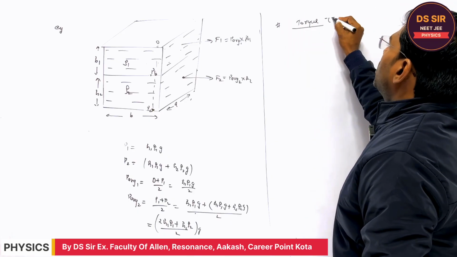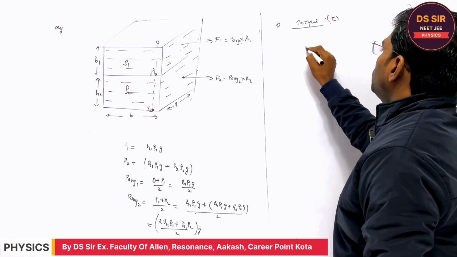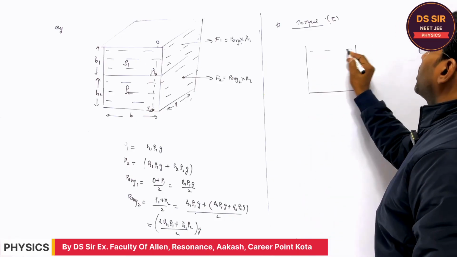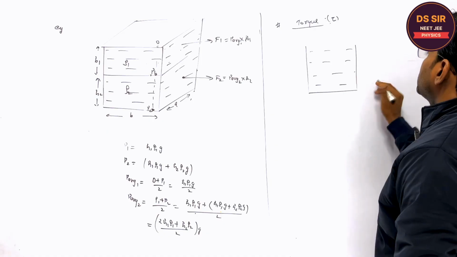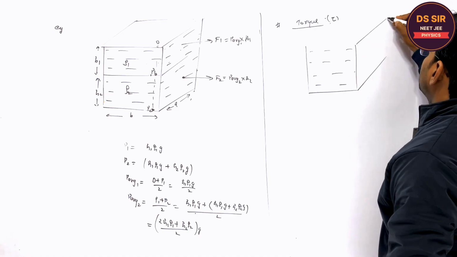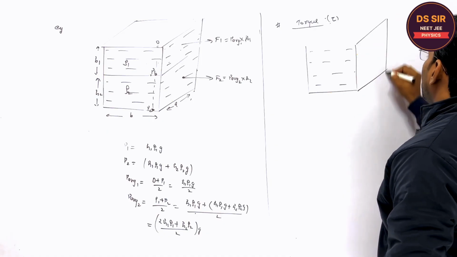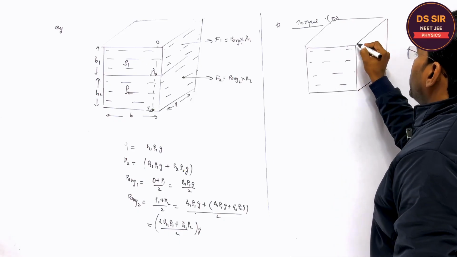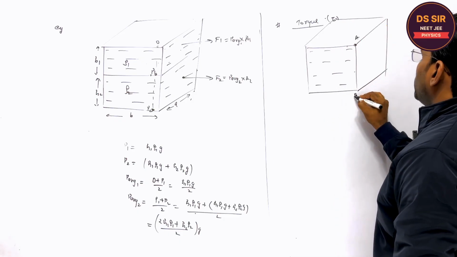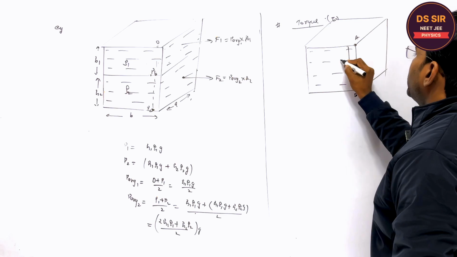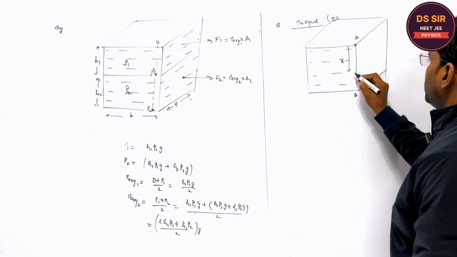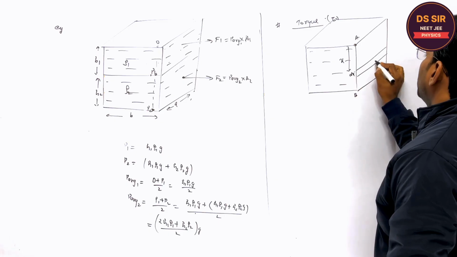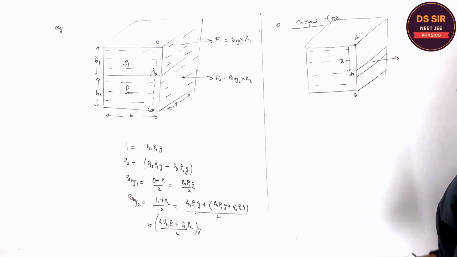The torque, tau. How to find? Suppose this is the liquid filled in a tank or the vessel, right? And this is the side wall, right? Suppose this is the side wall. So this is the point A, suppose this is the point B. So if you consider a distance x and the width of the strip is supposed to be dx, the force will be acting over here.